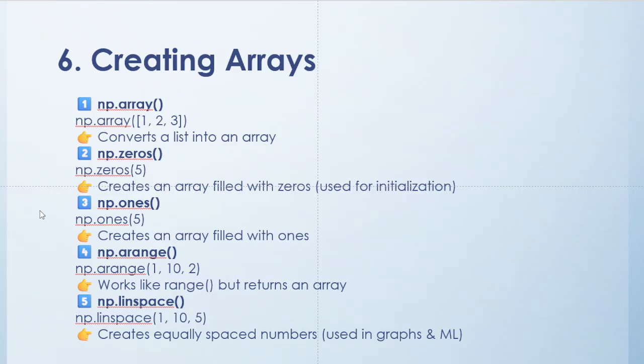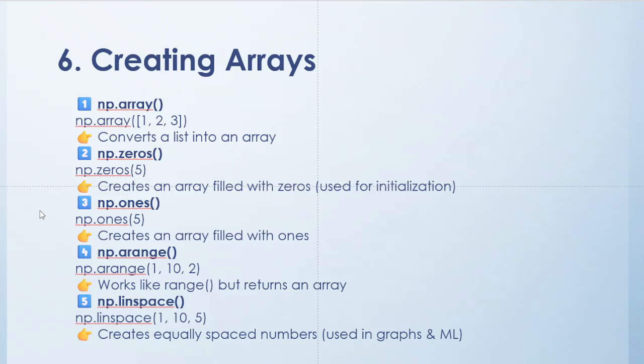Similarly, np.zeros creates an array filled with zeros, and np.ones creates an array filled with ones. np.arange deals with range and spacing: it works like Python range, but gives us the result as a NumPy array. The same goes for np.linspace as well.